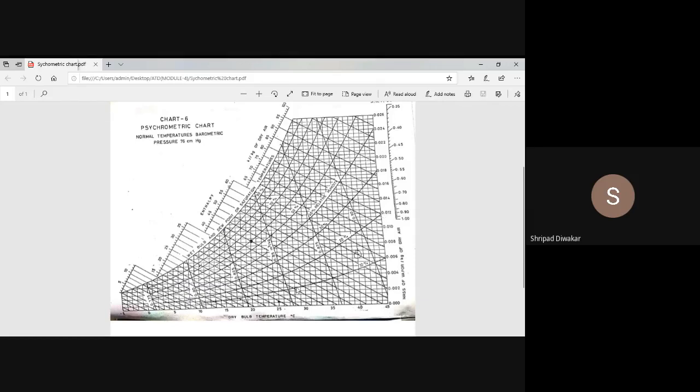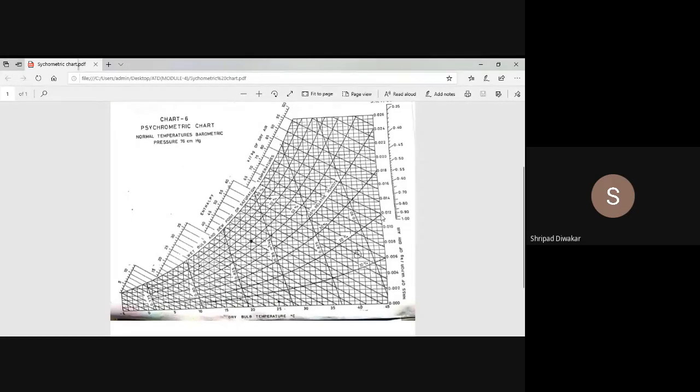Suppose you take DBT 25 degrees Celsius, and for WBT you have to take the inclined way. You see, this is the 25 degrees you are taking from the bottom, so just move up till it cuts the saturation curve. Here somewhere it cuts. What is the specific humidity at 25 WBT? Suppose you take the inclined way, it cuts here.